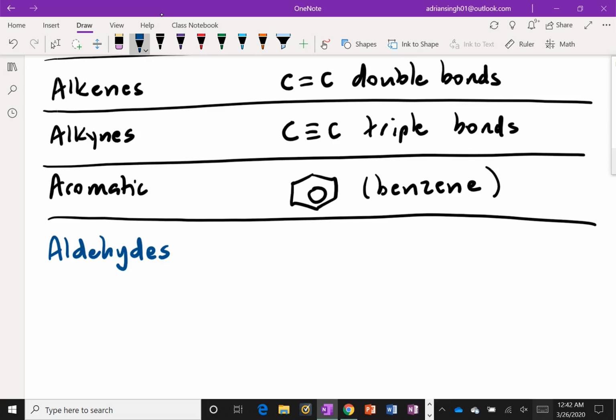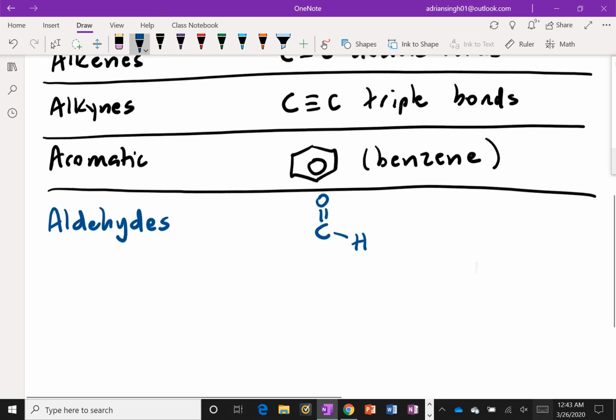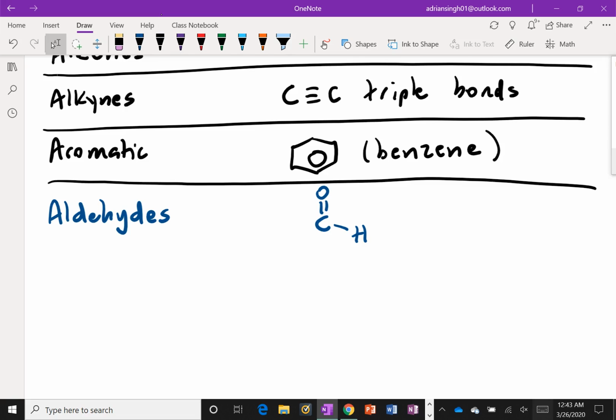Aldehydes are characterized by having a carbon that's double bonded to an O, and then an H on the carbon. So you'll notice here that this carbon has a total of 1, 2, 3 bonds. The fourth bond here, we're going to say it's to R.